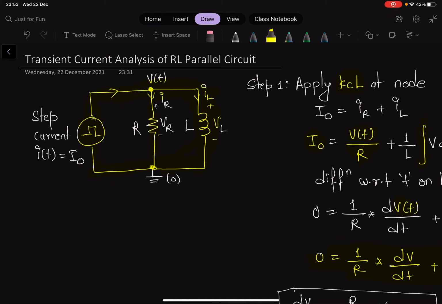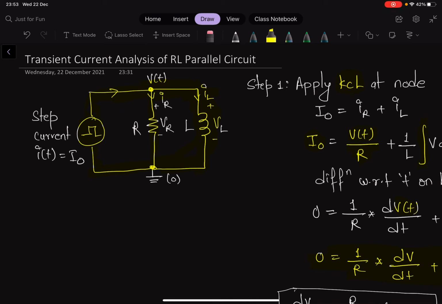Now because of on and off, we can think of the inductor as charging and discharging. Based on that, what really happens with the inductor is that the voltage is going to behave very differently than the current.